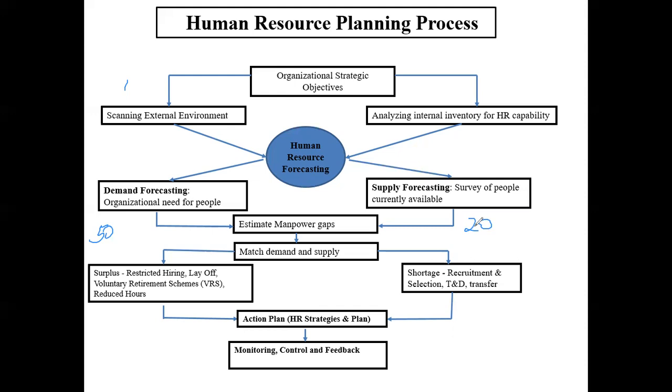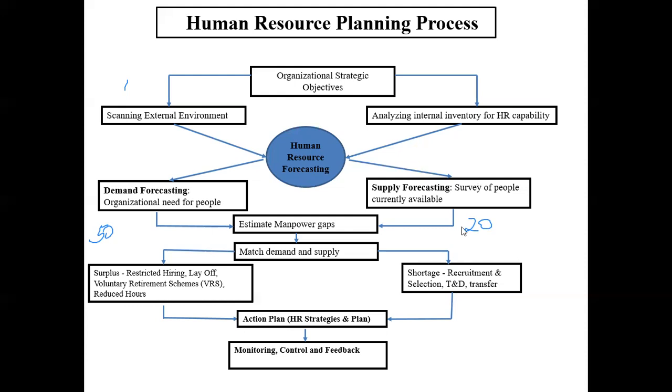Now, let me give you another scenario. Let's assume the outcome of our demand forecasting suggested that we will need 50 workforce to work in the new campus that we are establishing.